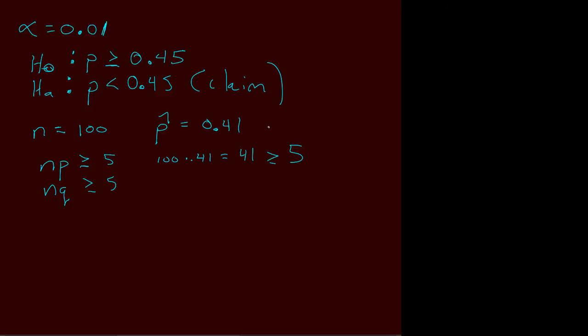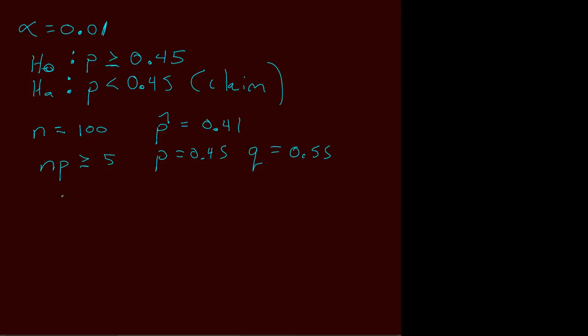Now Q, whoops. I'm going to go back. That's our experimental, but we want the claim. And the claimed P is 0.45, which makes the claimed Q 0.55.